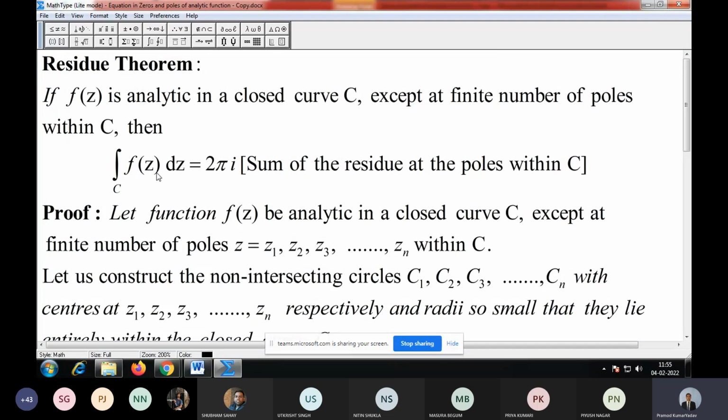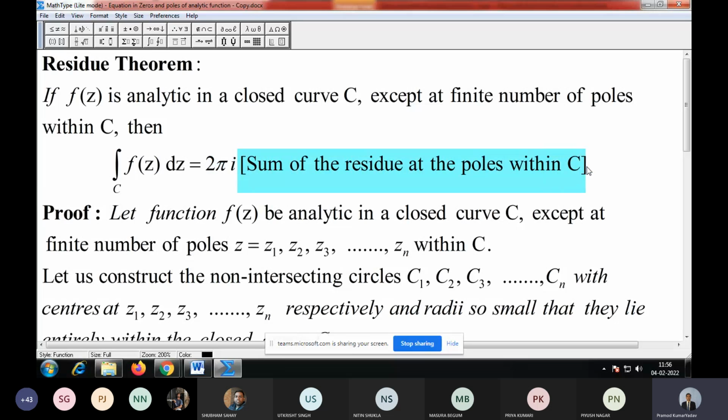Then you all know that if there is a point at which function f(z) is not analytic, then the procedure of integration may be changed. Initially, when we had 1 point, we used Cauchy's integral formula and some other things. But here, maybe there are n points where this function is not analytic. Then the value of the integral of f(z) dz over C is equal to 2 pi i times the sum of the residues of the poles within C.